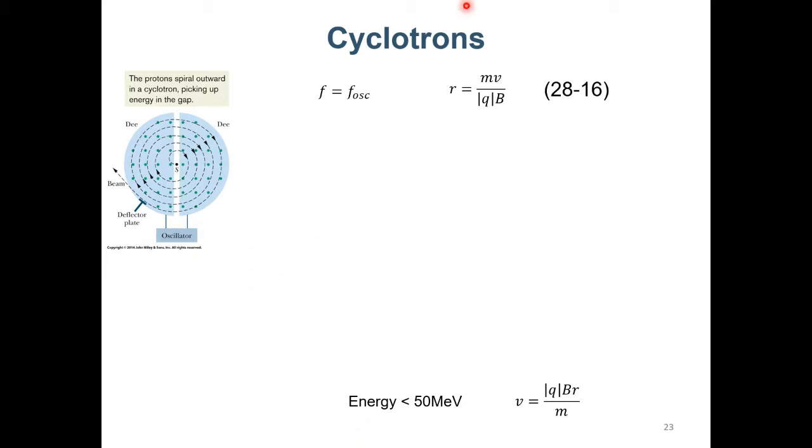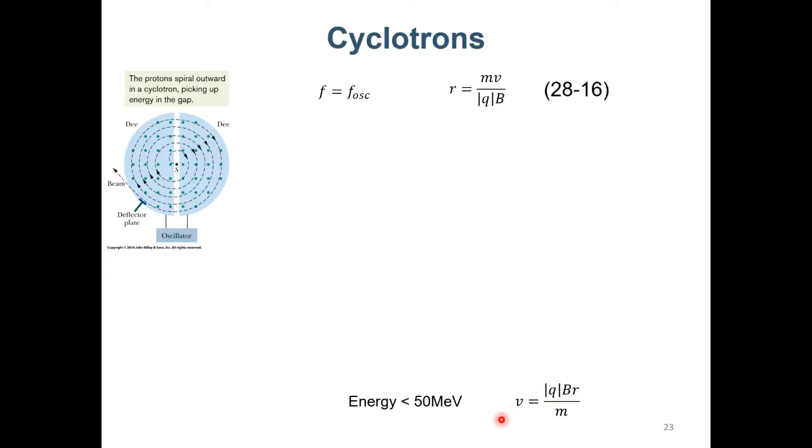And actually, the cyclotron has some limitations. The accelerated particle can only have energy less than 50 MeV, because you need to generate a magnetic field in this whole disk, which means you need more power so that the B field can be generated in the whole disk.